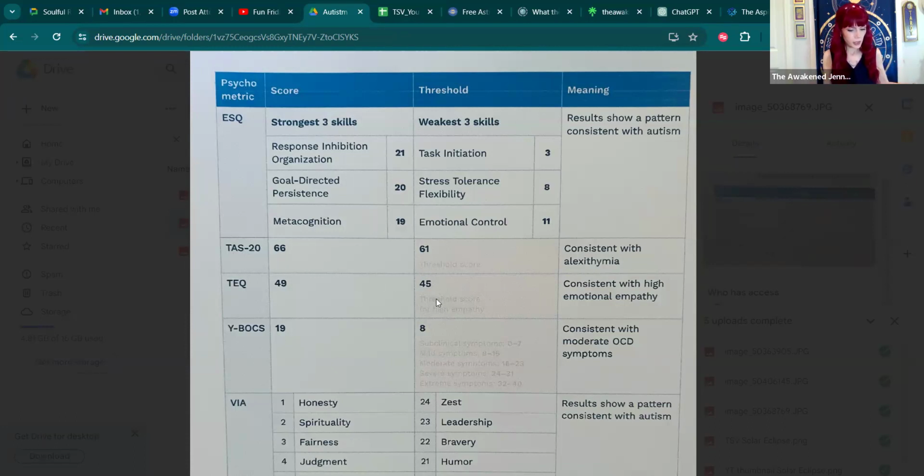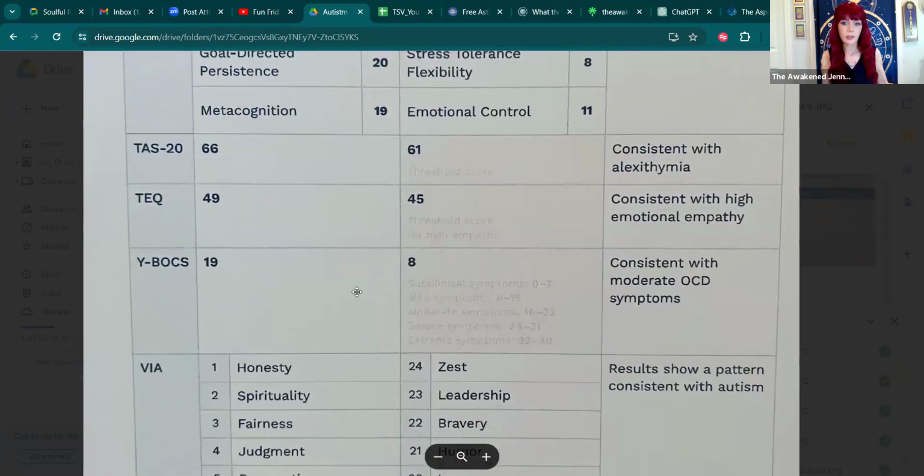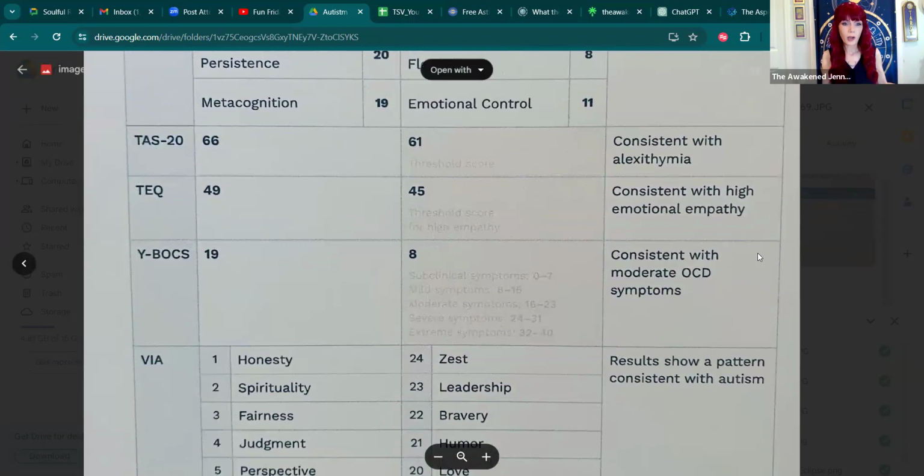The TEQ, I do have high emotional intelligence. What is this one? The YBOCS.